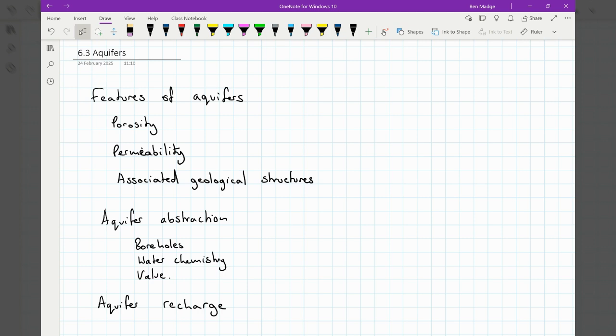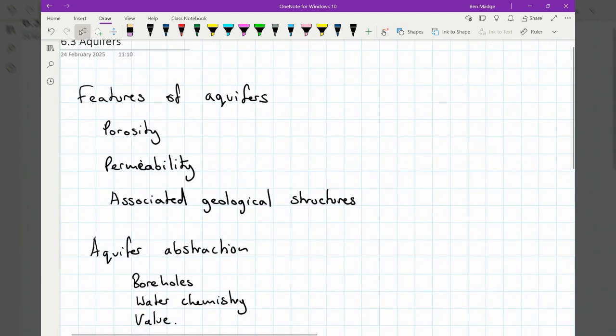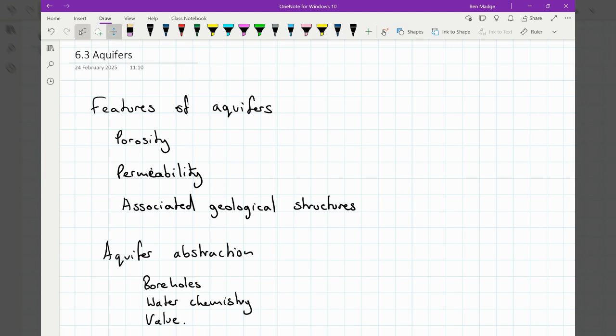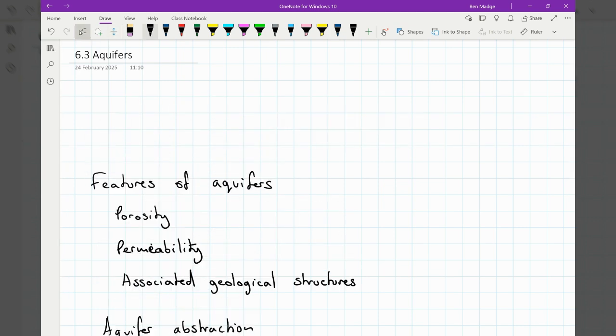So aquifers are something that people struggle with quite a lot. People imagine aquifers, they get told, is water underground. That's like the really simple description of it.